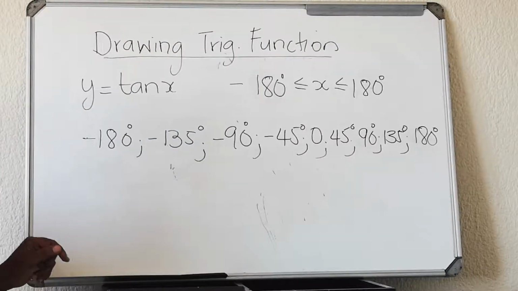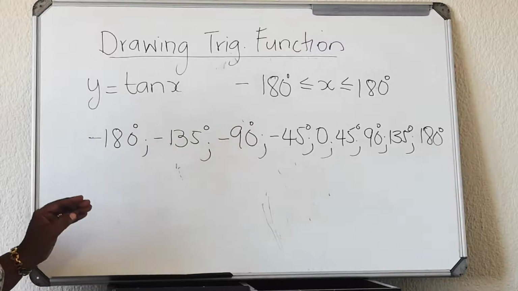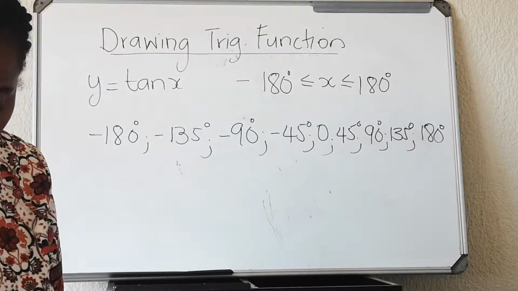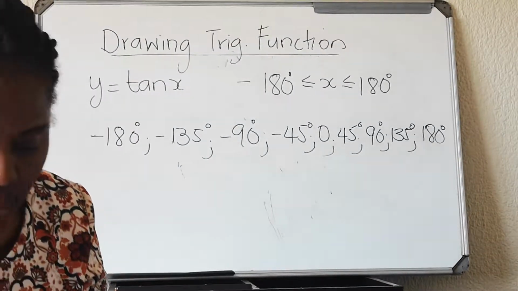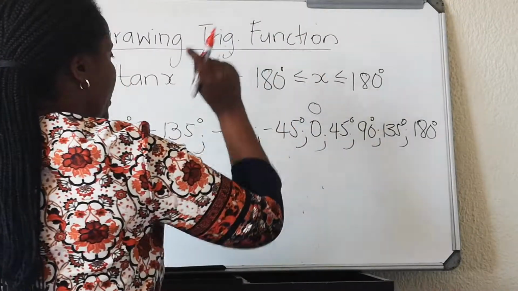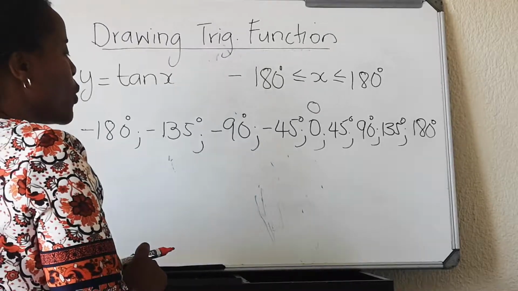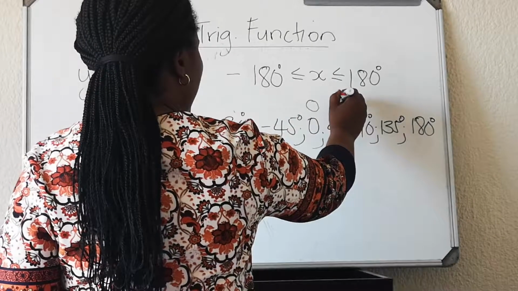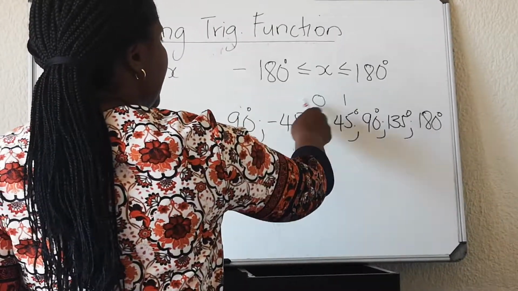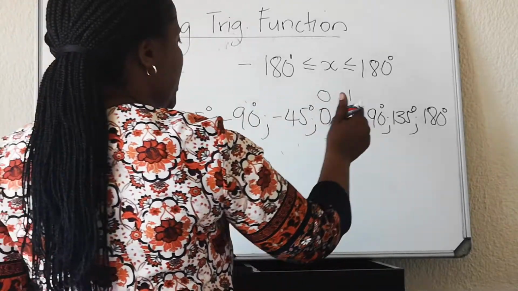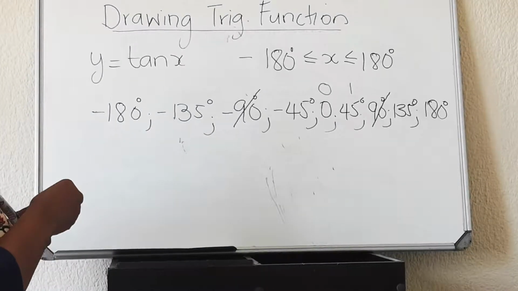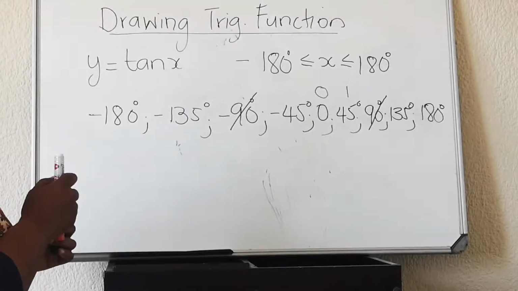And then you remember in our notes, we said the y-intercept is at (0, 0). So now you're going to write the y values. Let me use a different colored pen for these values. Before you write these values, go to the asymptotes and cancel them out, because you will not have any values there, so that you don't make mistakes and end up putting values.